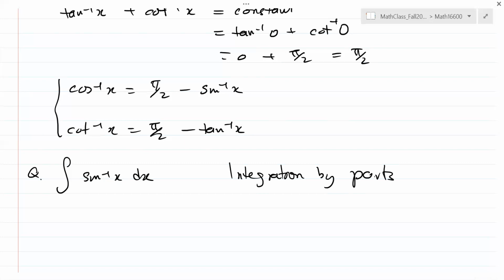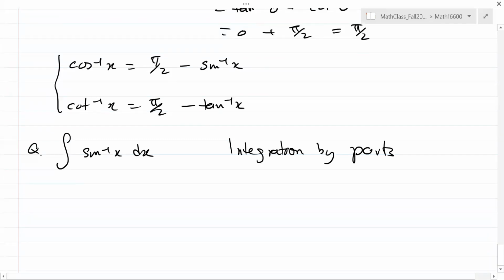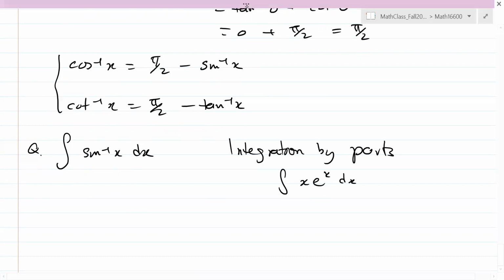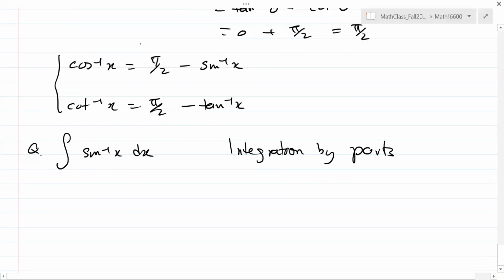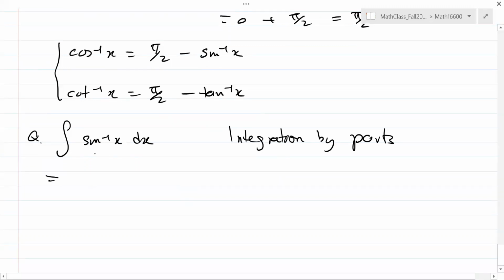Otherwise you cannot evaluate the integral, right? Remember this problem, the integral of x e to the x dx, for such problems you have to use integration by parts. Sometimes I cannot remember which one belongs to which set.